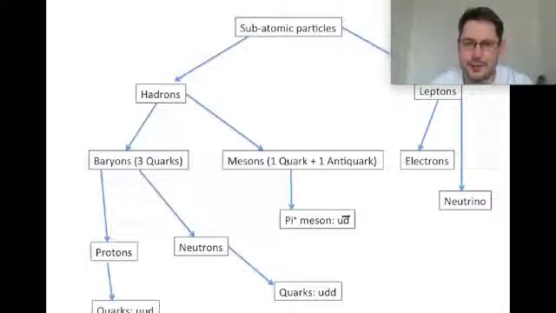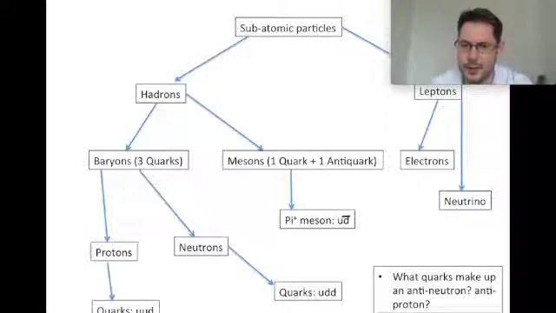Here we have something called mesons, and this is in the syllabus, but it doesn't come up that much. We just need to remember mesons are one quark and one antiquark. Now you might be saying, well, what is an antiquark? Well, a quark is matter, and everything we know has an antimatter. When matter and antimatter meet, they annihilate each other and give off gamma radiation.